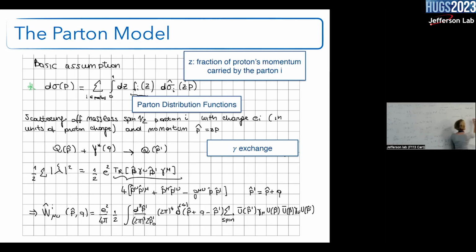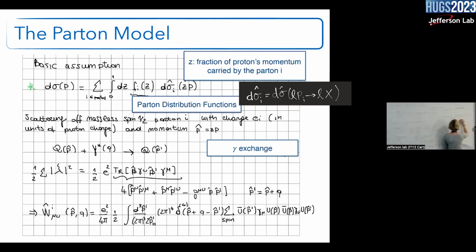So this cross-section is nothing but sigma hat of the lepton and parton i.